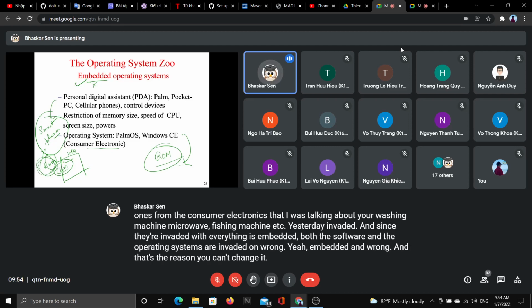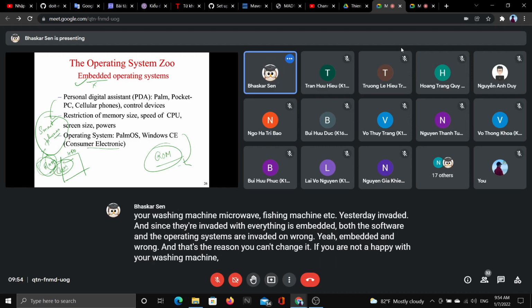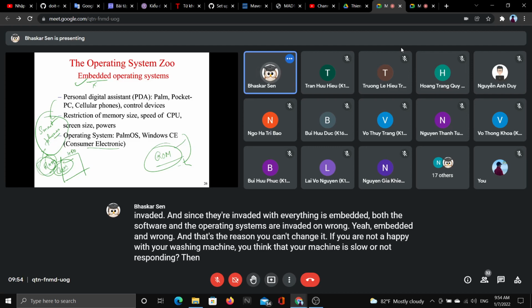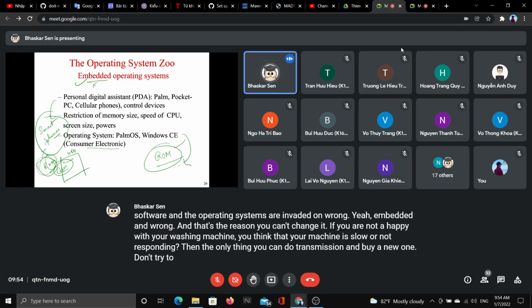If you are not happy with your washing machine, if you think that it is slow or not responding, then the only thing you can do is trash the machine and buy a new one. Don't try to upgrade or update your washing machine or microwave.